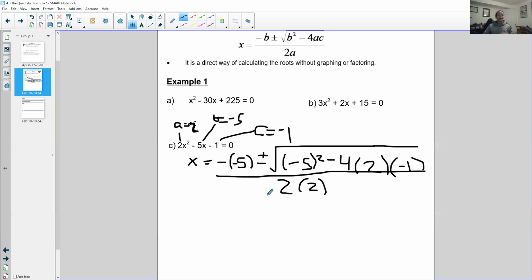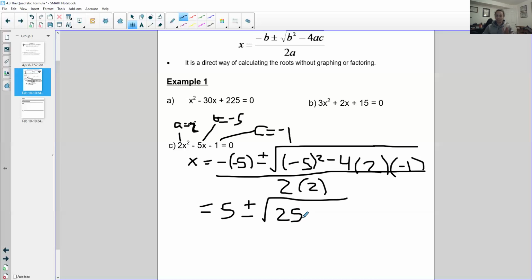Okay, and now at this point you are simply doing BEDMAS to figure out what your roots or your x-intercepts are. Negative times -5 is going to be a +5, which is great. And then we're going to have plus or minus the square root. b squared, -5 squared is +25, right?